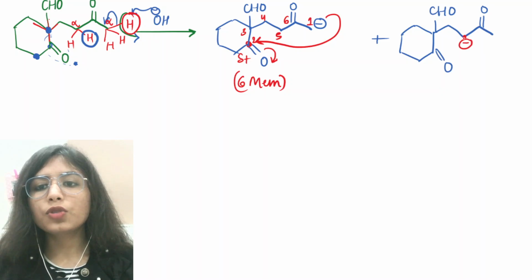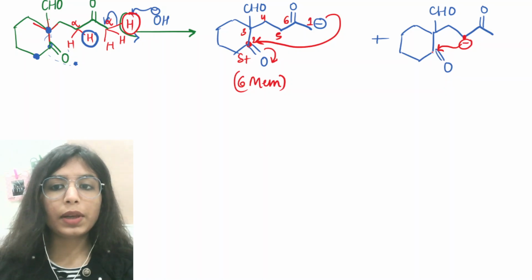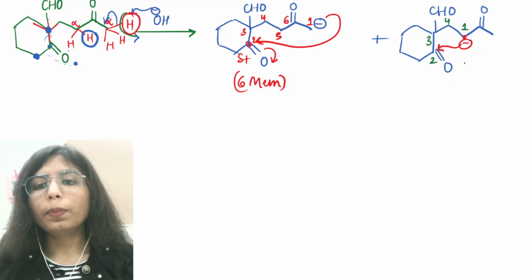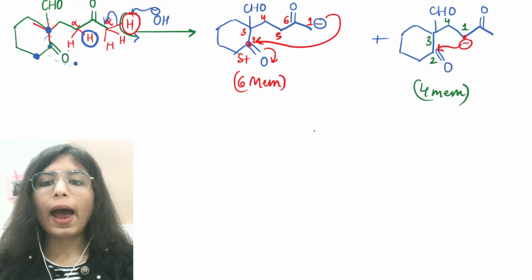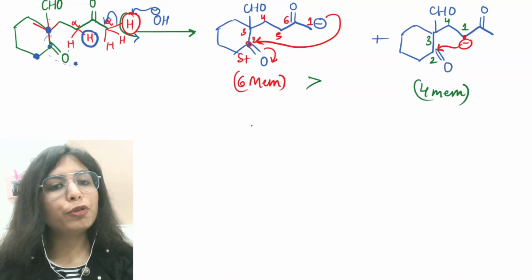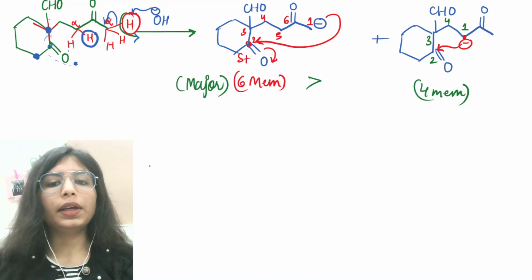A negative charge would be created over here, and this would attack another electrophilic carbon, which is this, similar to the one we have discussed just now. Here if you see 1, 2, 3, 4, a 4-member ring is getting formed, and we know that 6-member rings are more stable as compared to 4-member rings. So the major product would be governed by this intermediate.